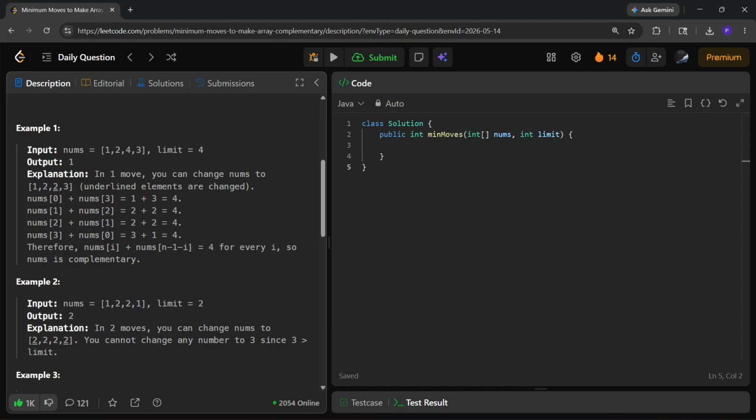So the difference is 1 for 0, and for 1, it is 0.